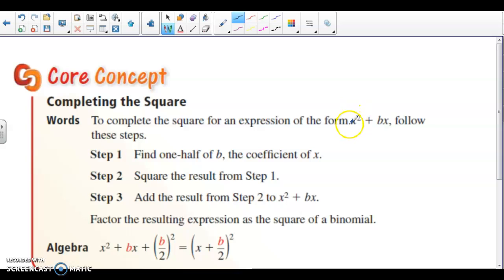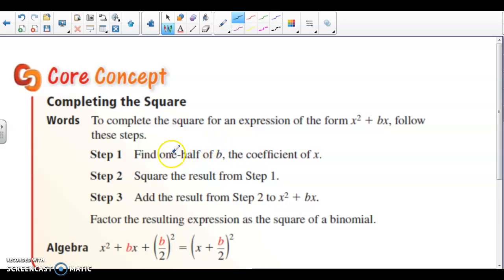So that's why they don't put an a value here, because it always has to be 1 when you want to complete the square. You'll also notice that there's no c value. The c value is something that we're going to add to both sides. And again, we'll see that in just a second. But from this core concept, what you really need to note is that a is always 1, and you just have x squared plus bx, and that's it. And that's what you need to complete the square.